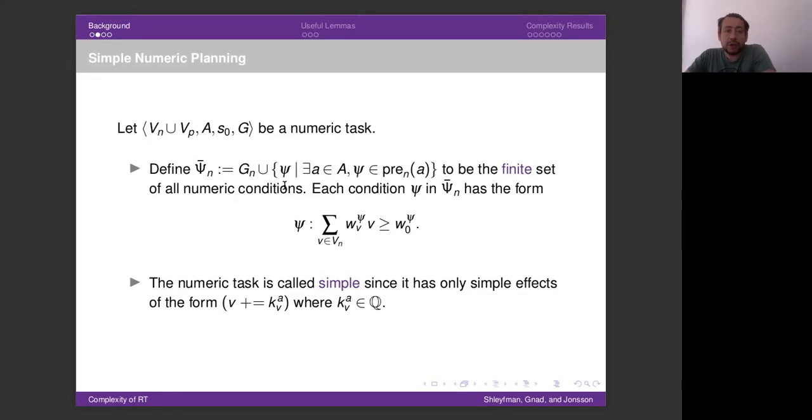In our case, we'll concentrate on what is called simple numeric planning, which means that effects are not linear formulas, but instead constants. So each action can either increase or decrease variables by some constant. Note also that the number condition in the task representation is finite. We will need this for the next slide.